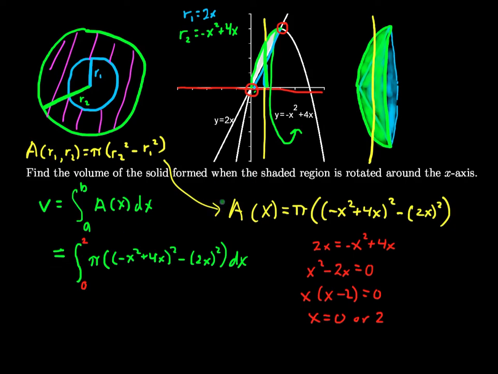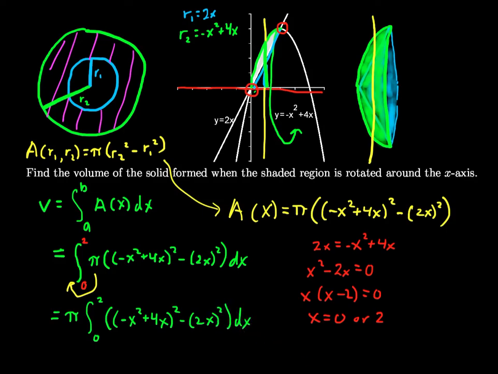Usually I have the pi out in the front as a constant multiple, which doesn't make a difference, but let me rewrite it the way we usually saw it in class. So pi multiplied by the integral from 0 to 2 of negative x squared plus 4x, squared, minus 2x, squared, dx.